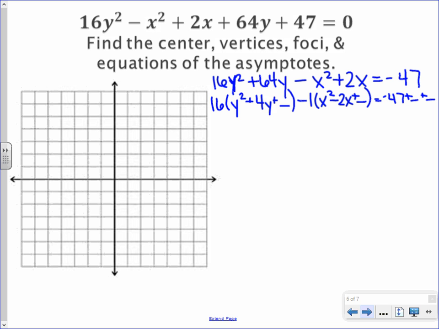All right, Molly, what completes our square for the y? 4. Are we really adding 4? We're really adding 4 times 16, 64.